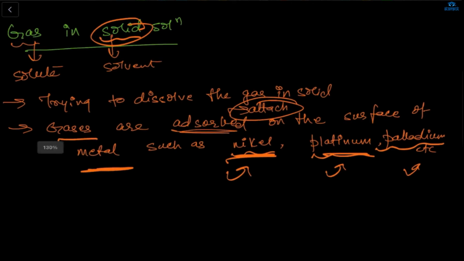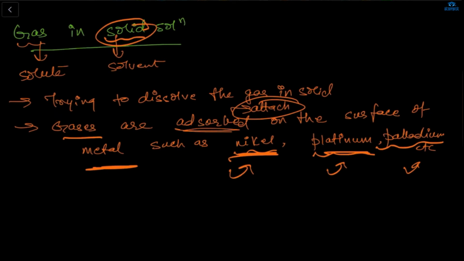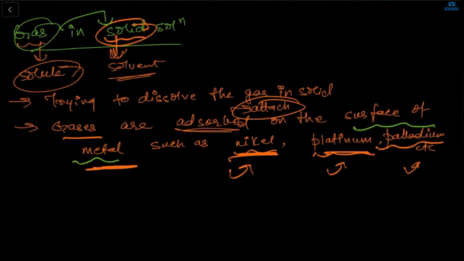Okay, once more. See, in the gas in solid solution, solid will act as the solvent and gas will act as the solute. What we are trying to do here is dissolve the gas in the solid. Now, how to dissolve the gas in the solid? By attaching the gas on the surface of the metal.